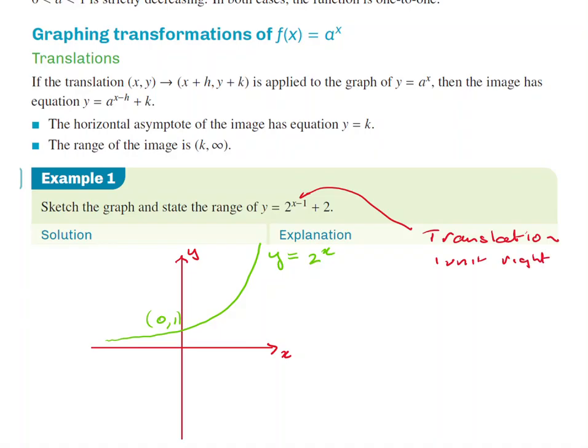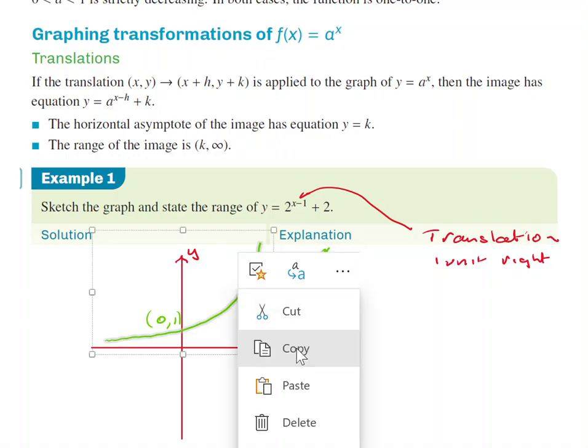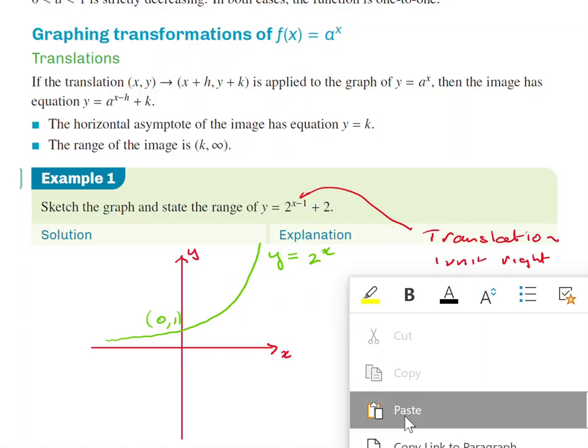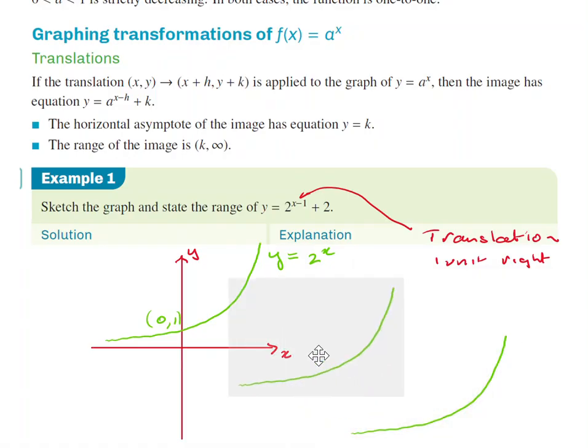So let's draw that in, and because I've actually got a mouse here when I'm working at home, if I click on that, I should be able to copy that and then paste it. Oh, look at that, how good's that? And so I can put it on, and now I can translate that 1 unit right. There we go. So that's 1 unit right.